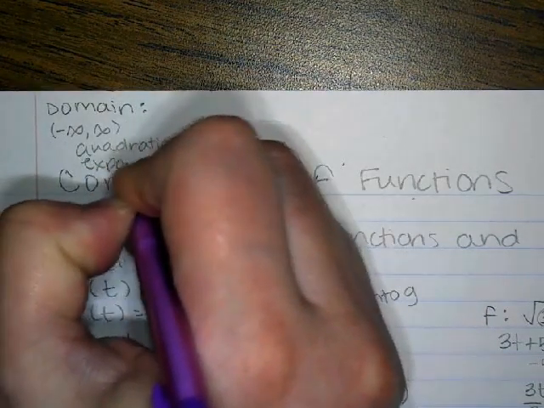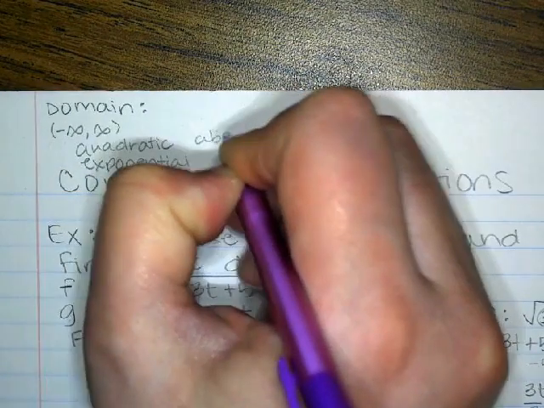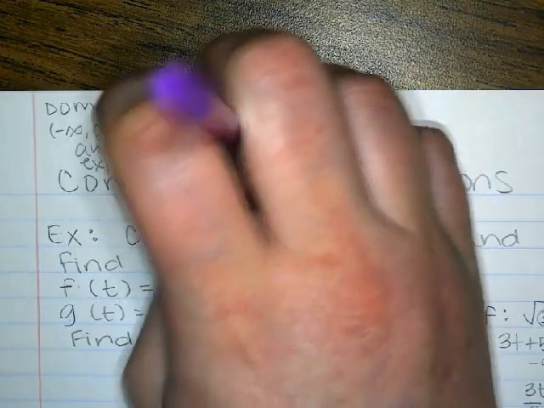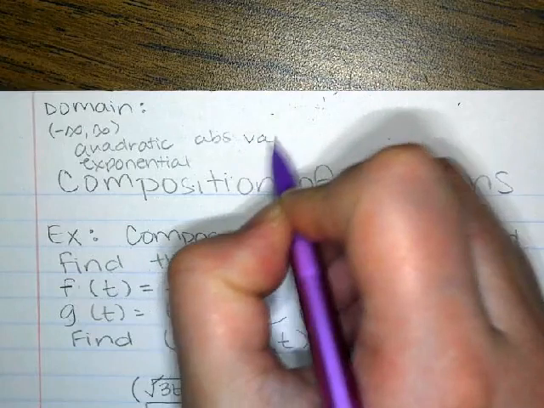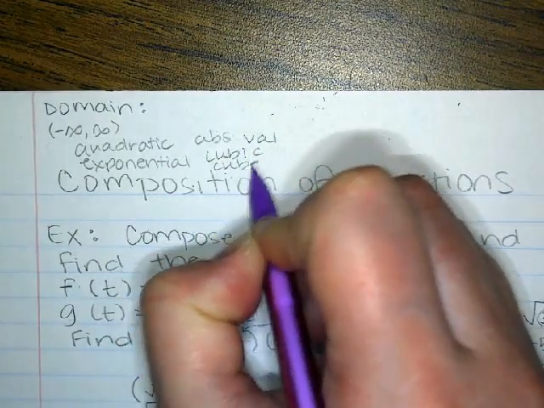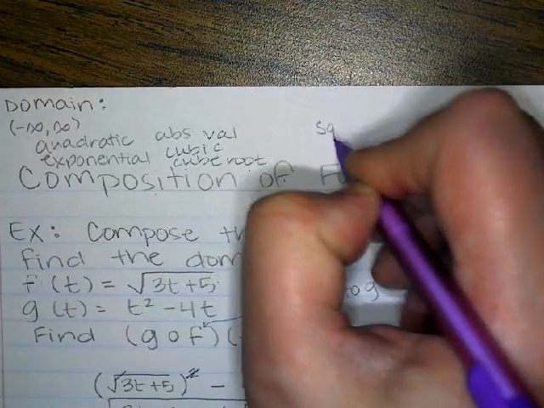Absolute value. Cubic. Cube root. Okay. And then what are the ones we have to worry about? Square root. And rational.